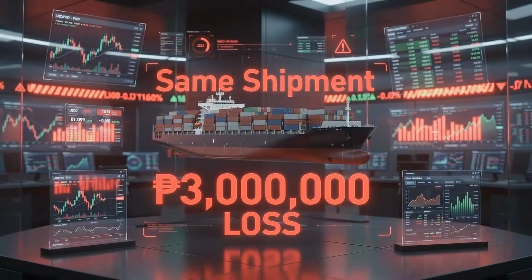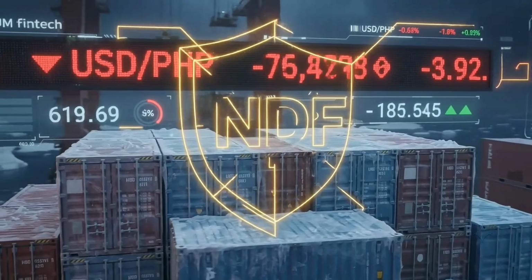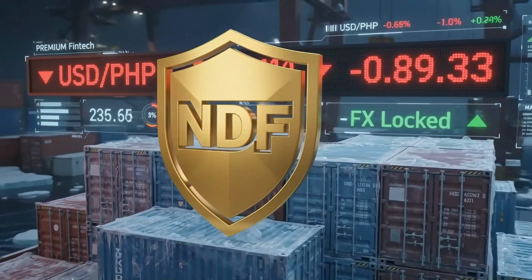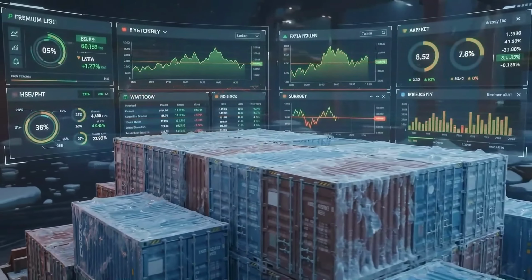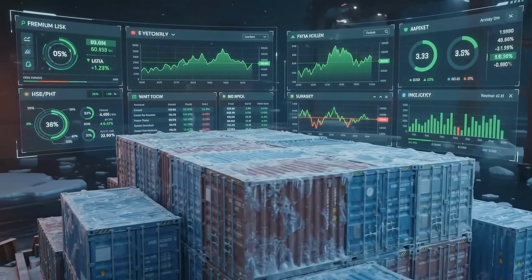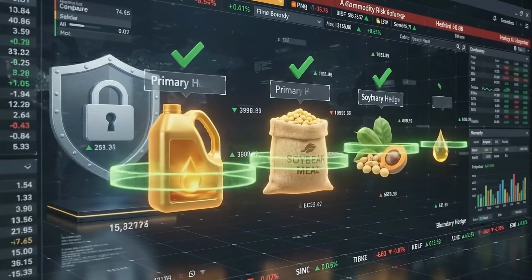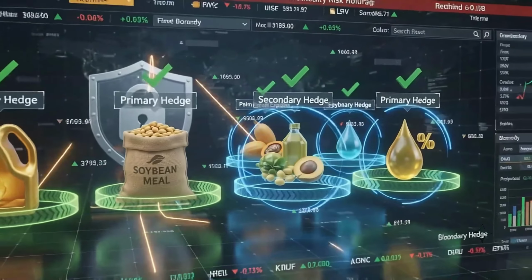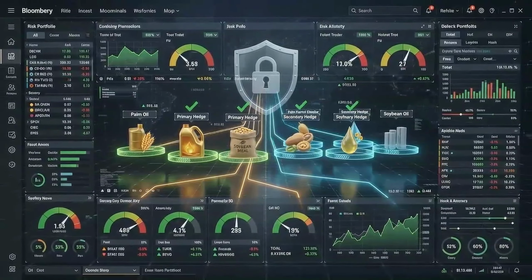Because FX can obliterate a 5 to 11% margin faster than any physical commodity move, FX hedging must be priority number 1. Use tools like Non-Deliverable Forwards, or NDFs, to independently lock in currency rates. Once that currency threat is neutralized, the second priority is hedging core inventory, for example, palm oil or soybean meal, followed by secondary products like palm kernel expeller or soybean oil, where a liquid market exists.